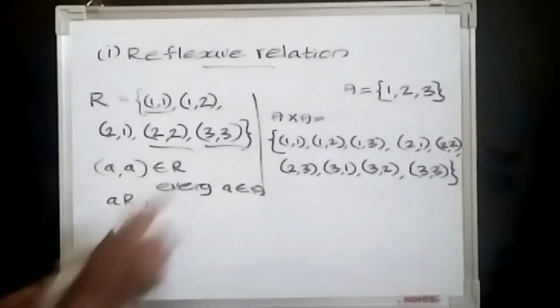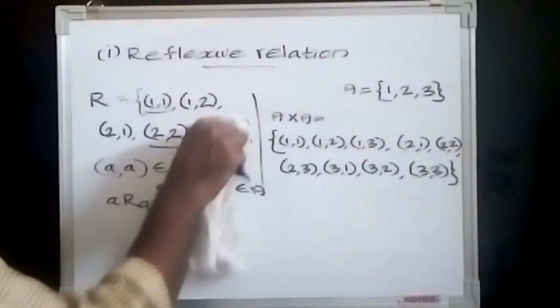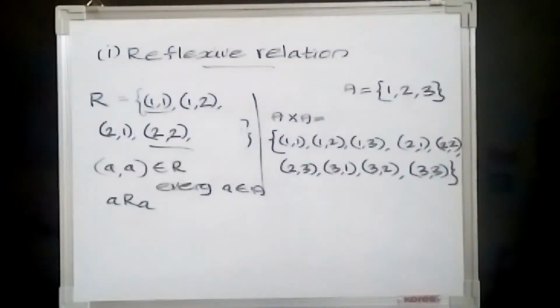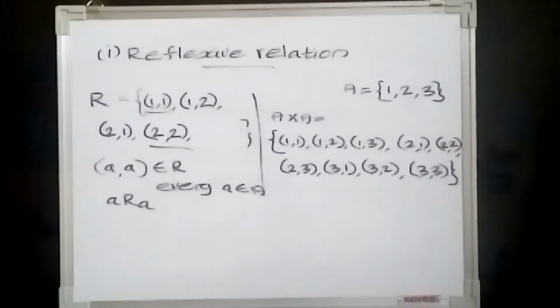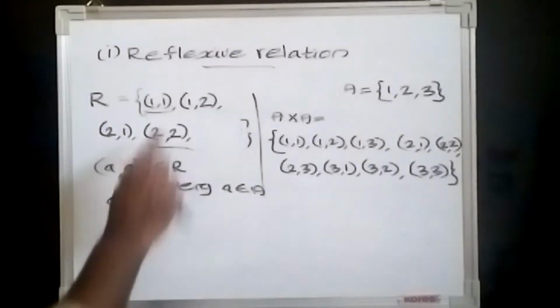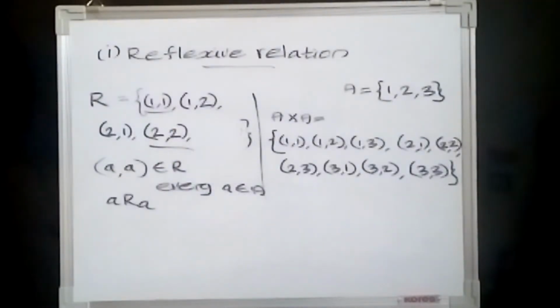Can you say, now, whether it is a reflexive relation? (1, 1), (1, 2), (2, 1), (2, 2). Can you say whether it is a reflexive relation? Clearly it is not a reflexive relation. It contains (1, 1) and (2, 2), but it does not contain (3, 3).